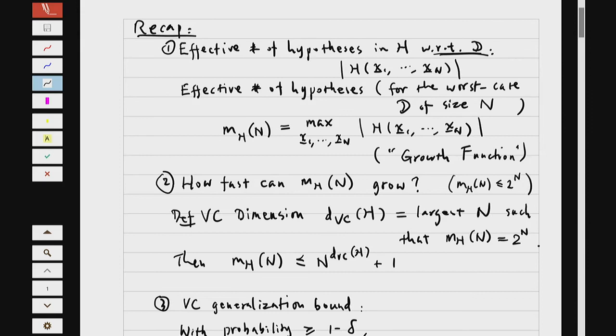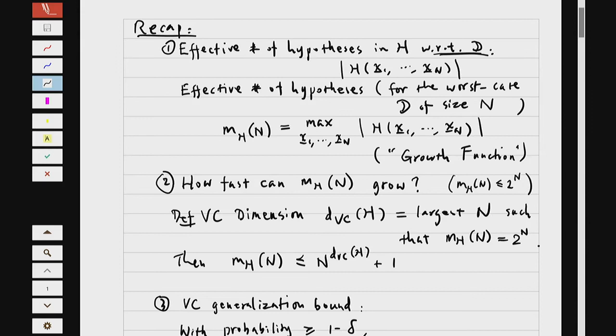That is the effective number of hypotheses, and we use it instead of M, the exact number of hypotheses, in our Hoeffding bound to generate the upper bound for the test error.